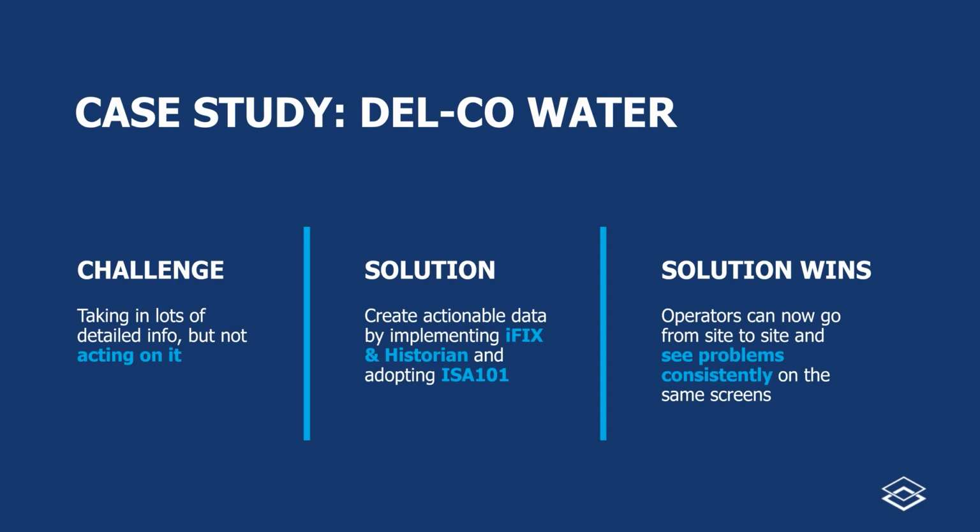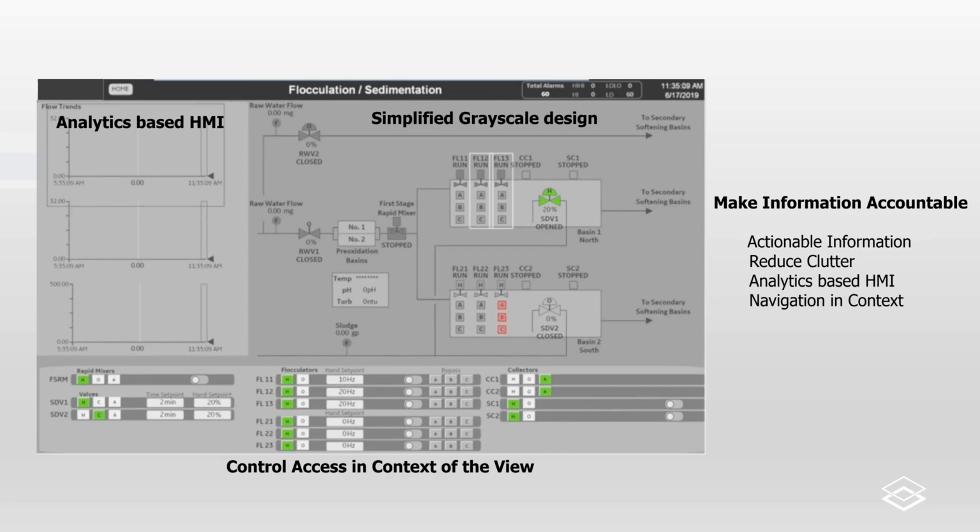This system is in the final stages of testing, and the solution wins here is the operators can now go from site to site, see problems consistently on the same style of screens, and be able to see at a glance actionable information and be able to act upon it.